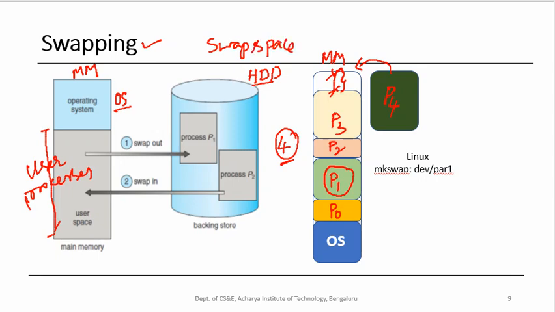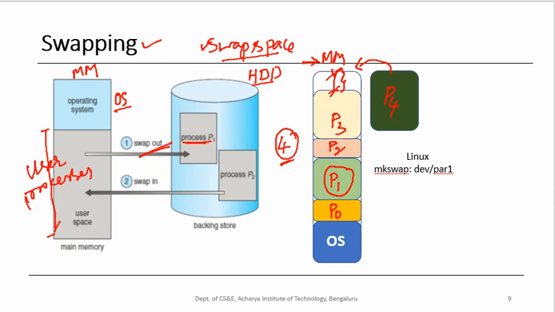This swap space is just like an extension to the main memory. So the process is temporarily put in this swap space. This activity is called swapping out. The process P1 is swapped out of main memory and kept in this swap space.